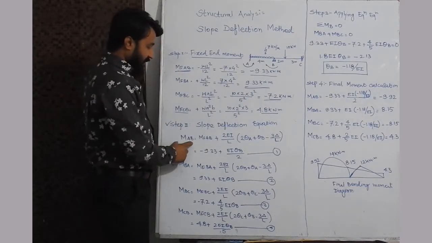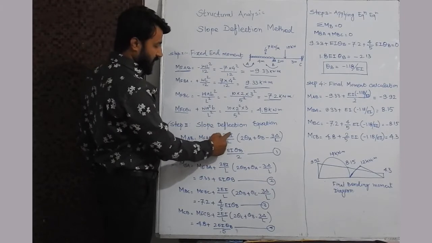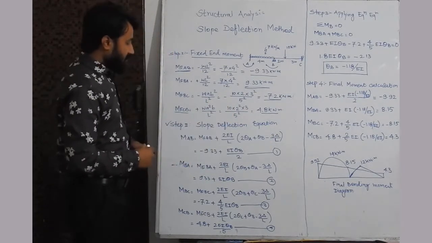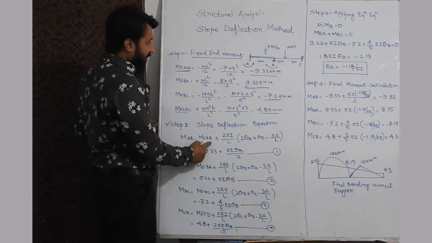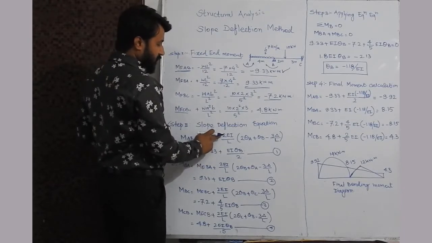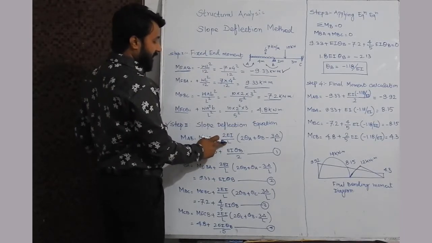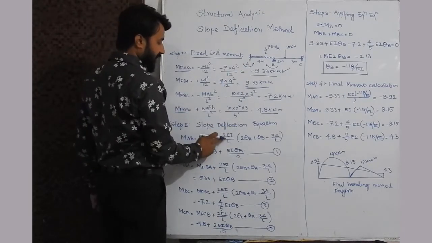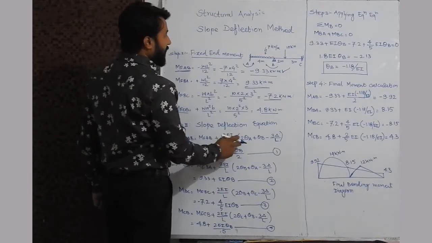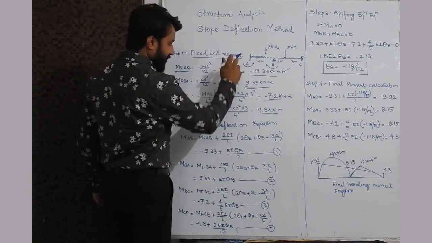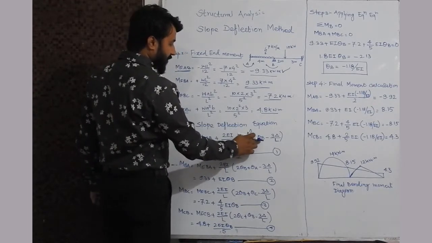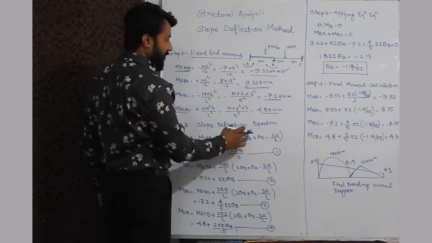So MAB equals MFAB plus 2 EI by L into 2 theta A plus theta B minus 3 del by L. Now if you solve this, we know the value of MFAB is minus 9.33, plus 2 EI by L. The value of L is 4 meter, so this will be 2 by 4. Now we solve this bracket, so this will be 2 into theta A. As the A support is fixed, theta A will be 0, and theta B will have some value, minus 3 del by L.